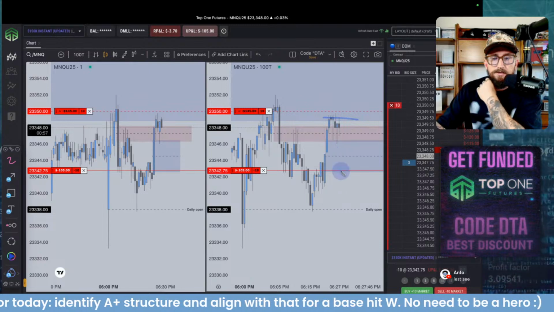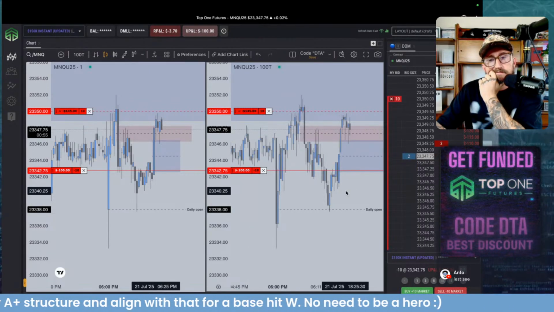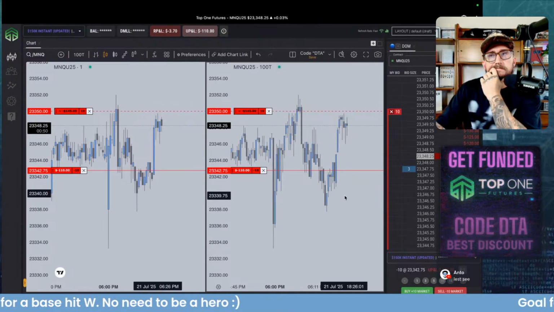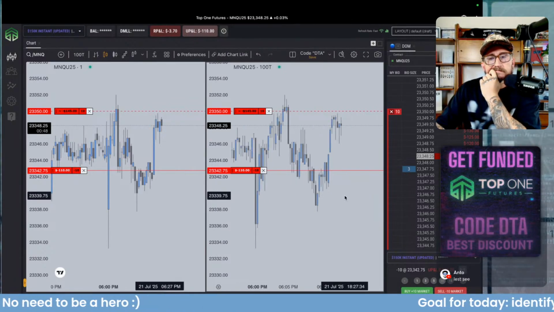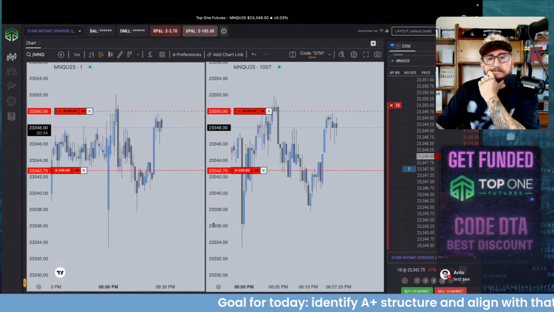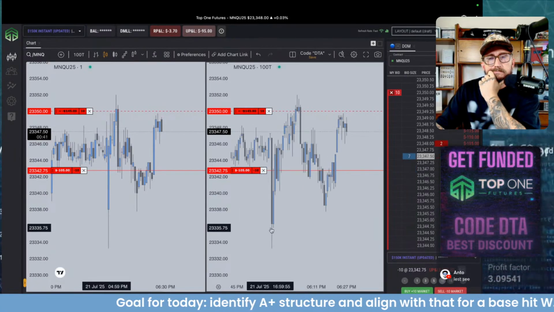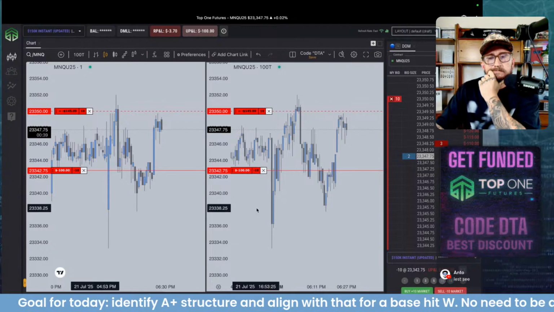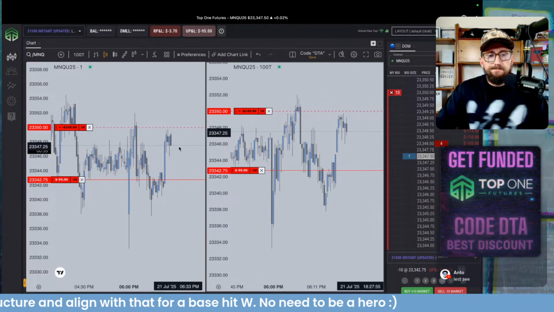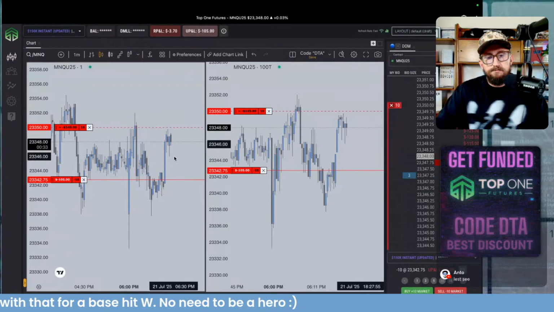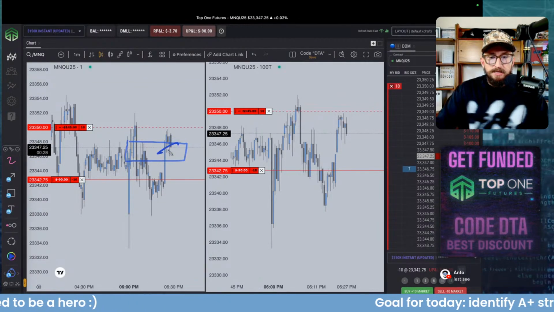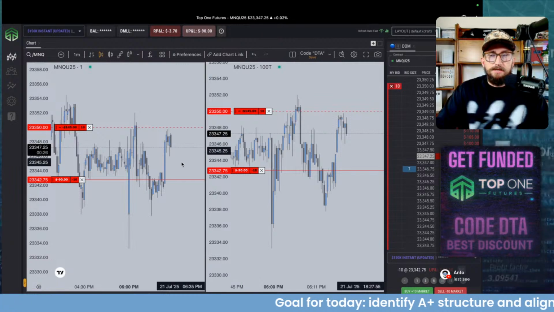Through here, I want to be mindful, especially when we're above our initial bearish array right here. That's another reason to keep this in mind.